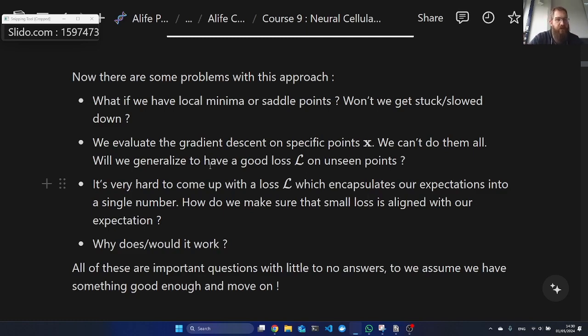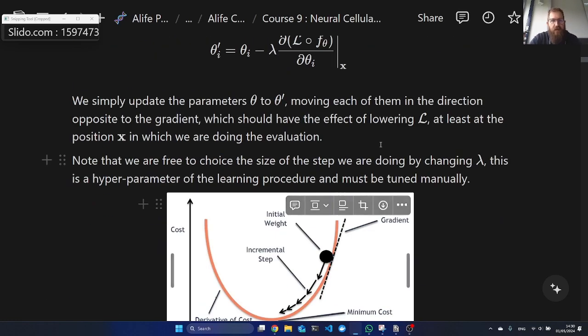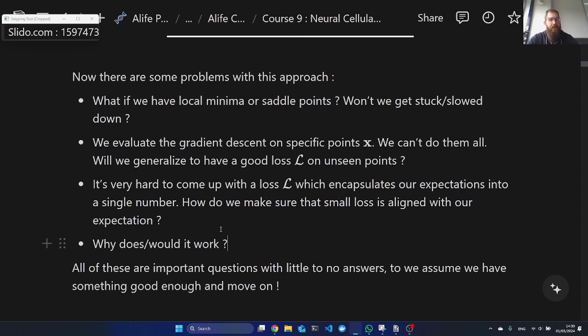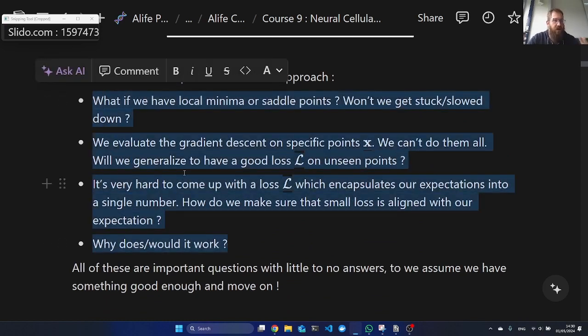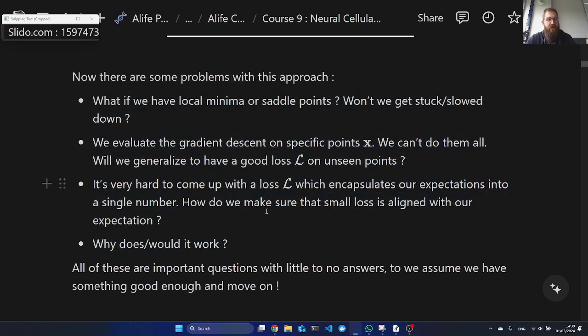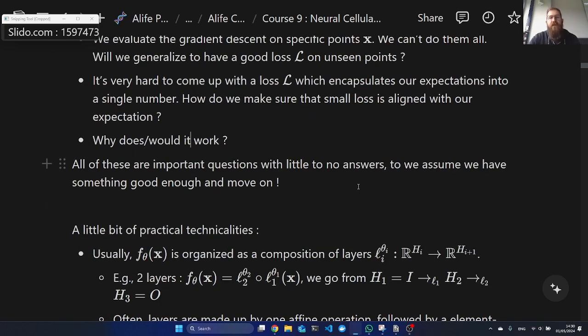And then there's the question of why this would work. It seems extremely simple. You have thousands of parameters and you're just rolling down the hill. It seems very far-fetched that it would work. All these questions essentially have no answers yet. These are some of the big questions in machine learning. We just know that empirically it works reasonably well, so we'll assume it's fine and move on.